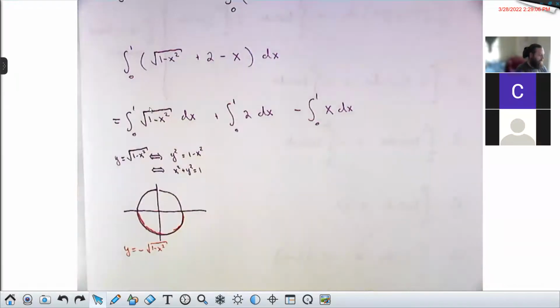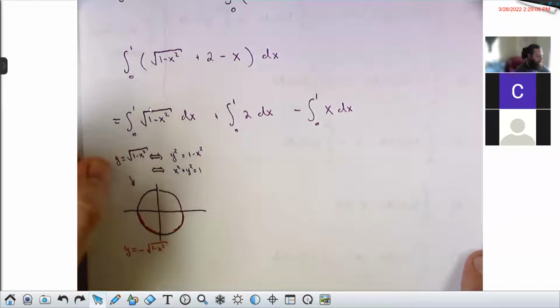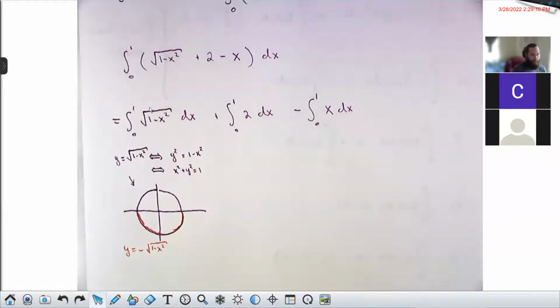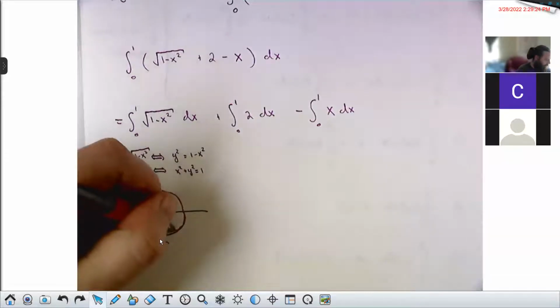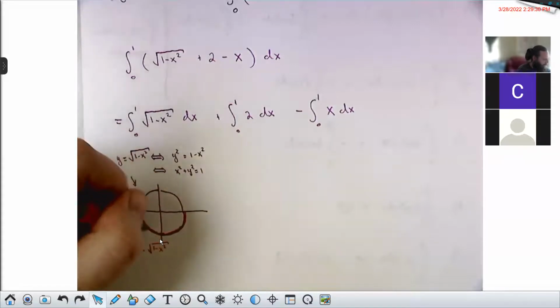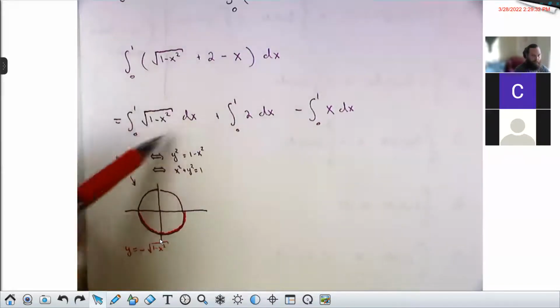And above here, in purple, is the upper semicircle. If you think about it like starting with x squared plus y squared equals 1 and solving for y squared, you would get this. And then when you take square roots on both sides, you get a plus and a minus right here. So I'm not interested in the red. My curve is just the positive square root.